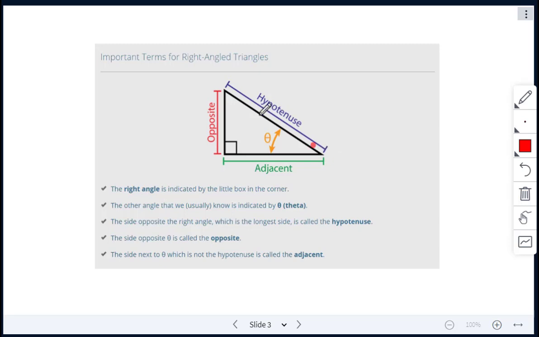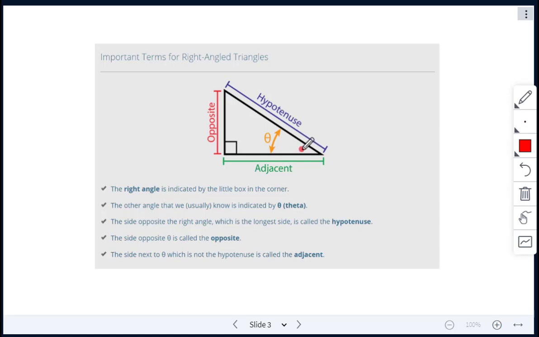We always know the hypotenuse. This is the longest side, and it's always the side opposite the right angle. So right across the right angle is the hypotenuse. Now the two other sides are based on where your known angle is. So this is our angle, theta.